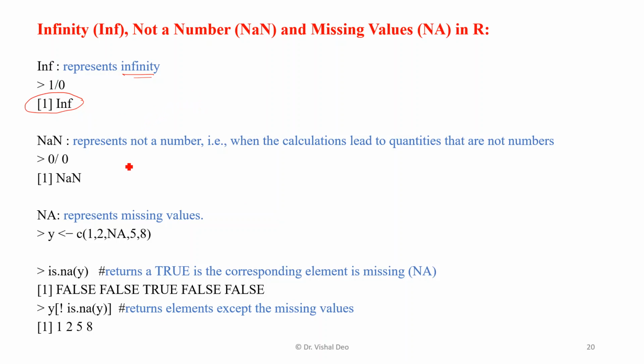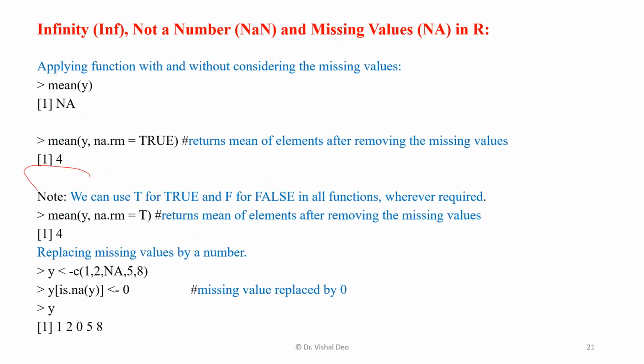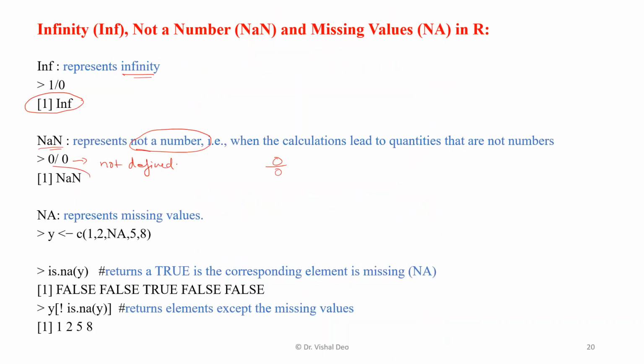NaN represents not a number, which is not defined in the mathematical sense. For example, 0 by 0 is not defined. So if in a calculation 0 gets divided by 0, it will return NaN.